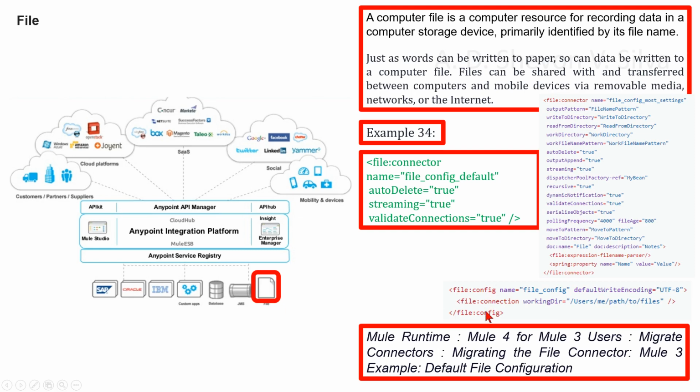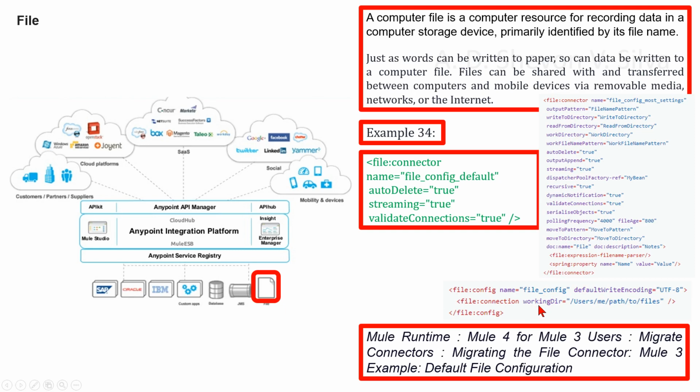The working dir allows you to specify the path to which all other paths are relative. If not specified, the user home directory will be used. Note that the Mule 3 work directory is used when moving input files before processing them.